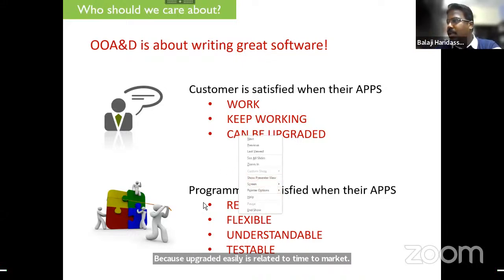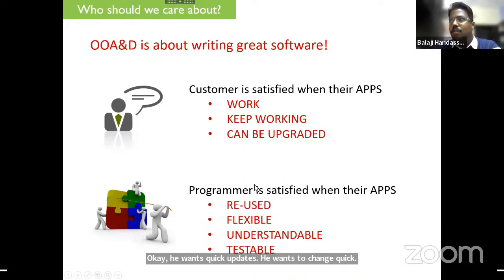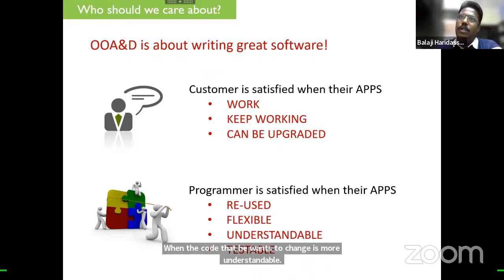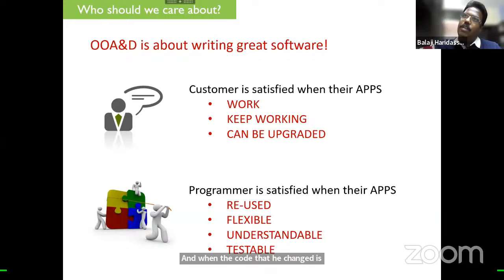And you should be focusing on your teammate, because the programmer is happy when he can reuse other code easily, when the code that he wants to change is more flexible, when it is more understandable, and when the code that he changed is easily testable. For doing a small change, if I have to check 10 classes and 10 functions, no use.